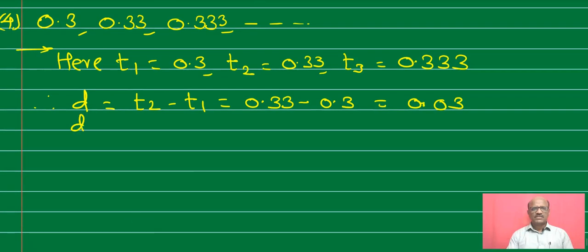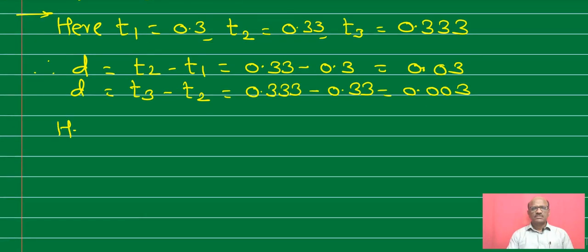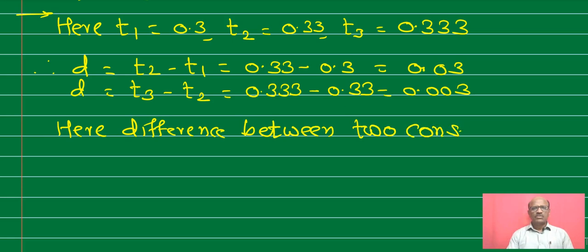Now next, T3 minus T2, 0.333 minus 0.33, that is equal to 0.003. Here the difference between two consecutive terms is not constant.